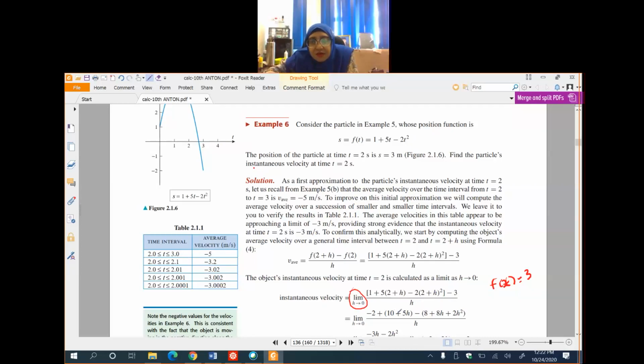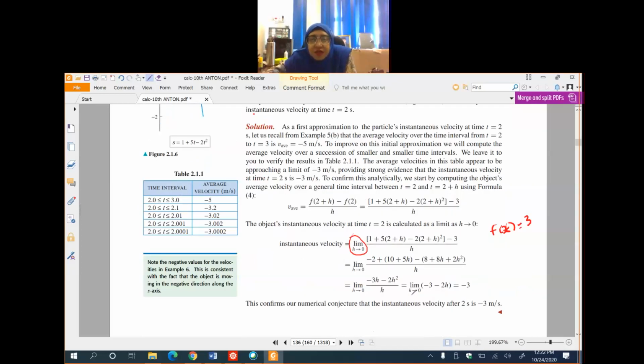So you get the whole expression, and then you divide by h, and then you simplify all this and try to cancel out the denominator. Negative 2 can be cancelled out, I think. Negative 2 plus 10 minus 8, you can cancel out the constant.